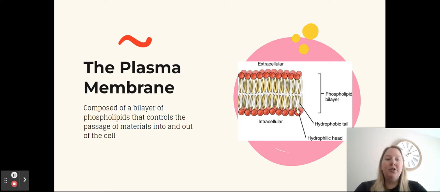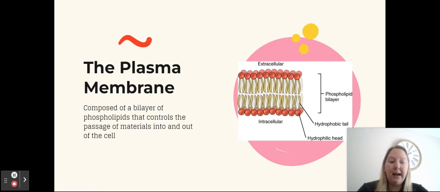The bilayer is created when the heads of our phospholipids align themselves on both the exterior of the cell and the interior of the cell, putting the fatty acids in the middle. This is because our fatty acids are hydrophobic, which means they are water-fearing. Think of what happens when you try to mix olive oil or any type of oil with water. They're going to separate.